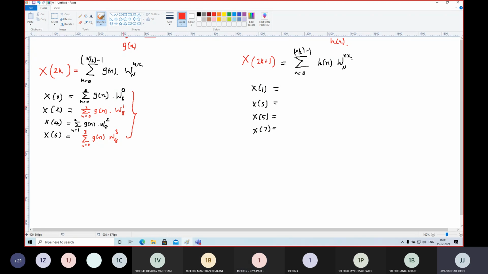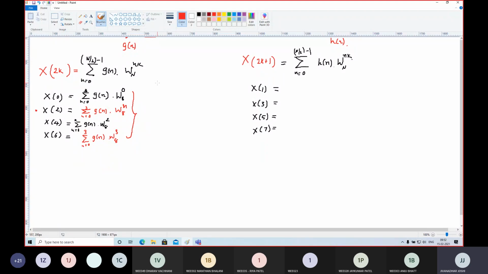What will come here, W8 raised to what? 2n. This equals, because here k equal to 1, there is a mistake here. Here k equal to 1 only, so putting k equal to 1, this should be n, rather. Right? Is it correct? For this equation only, not for others. Now we have k equal to 1.